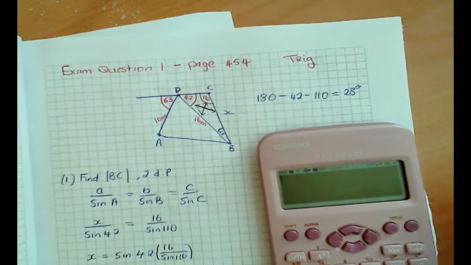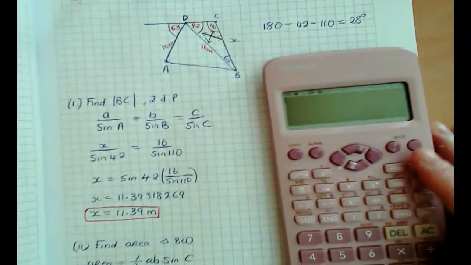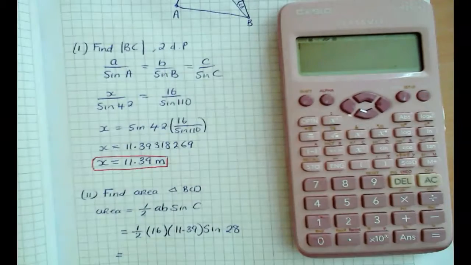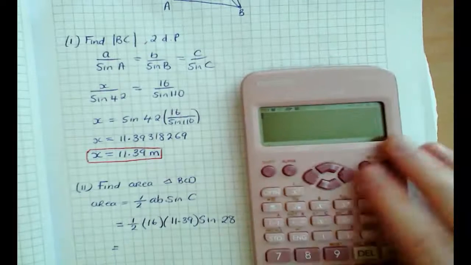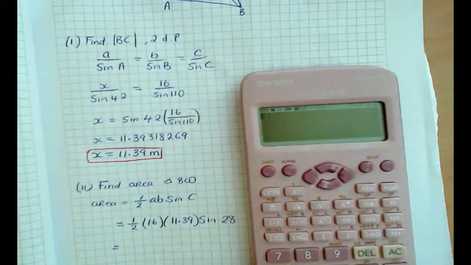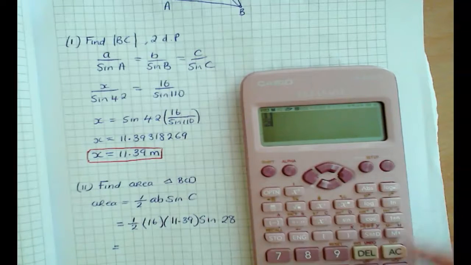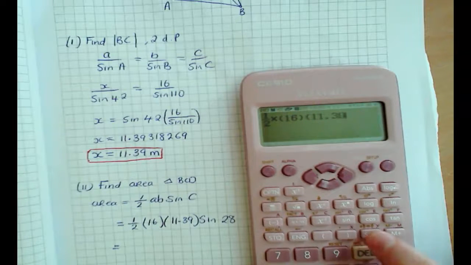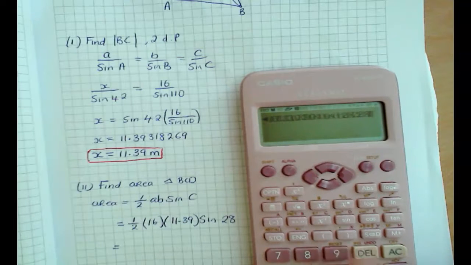We put it all into the calculator: 1 over 2, multiplied by 16 by 11.39 by sine 28.